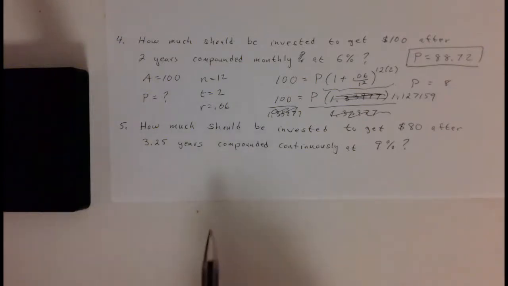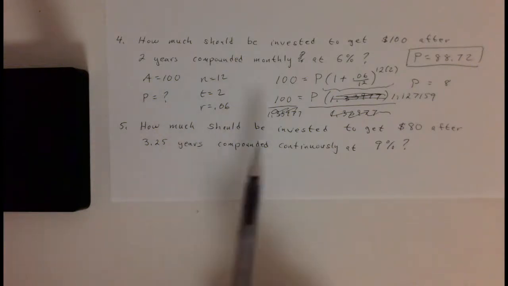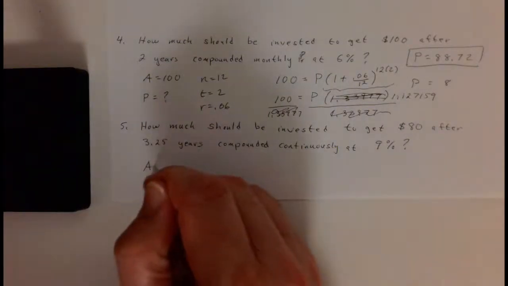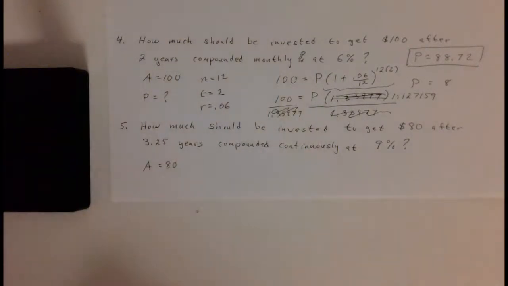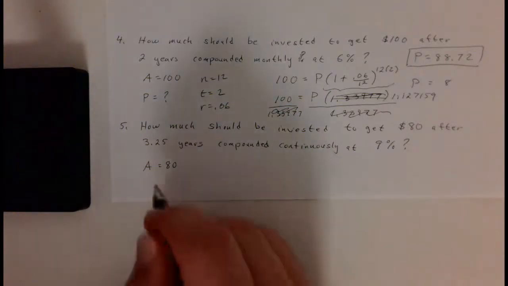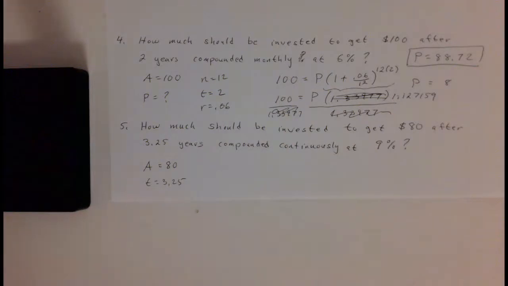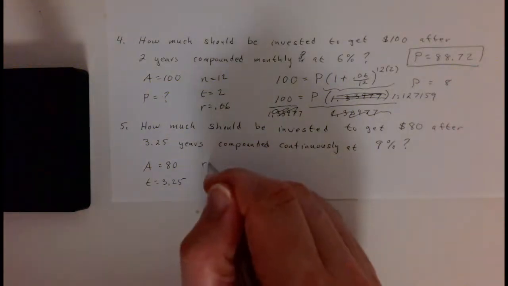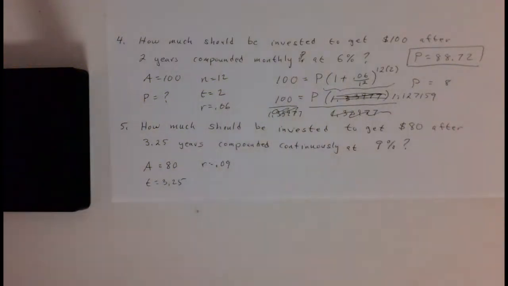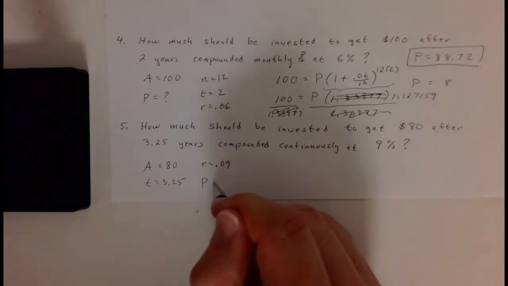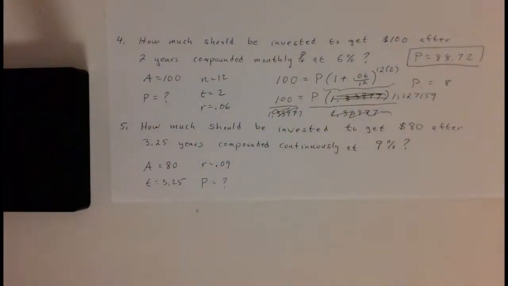Number 5 is also asking you about what the principal is, how much should be invested. You want the amount to be $80 after everything is said and done, that is after 3.25 years. The interest rate is 9%, and we're compounding continuously, right? So we're using the PERT formula, and P is what we're being asked to solve.